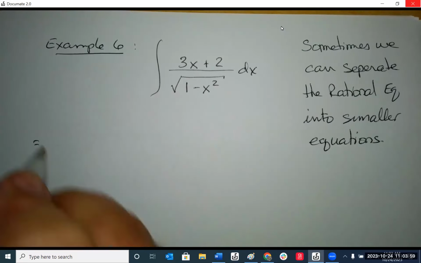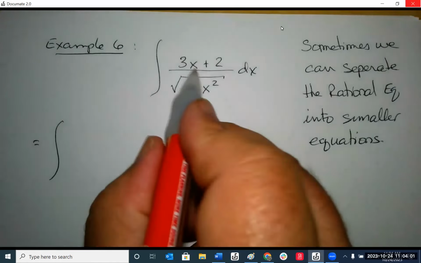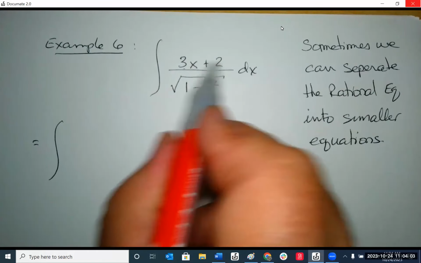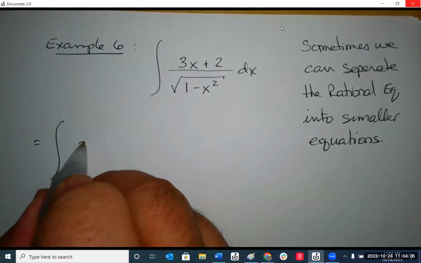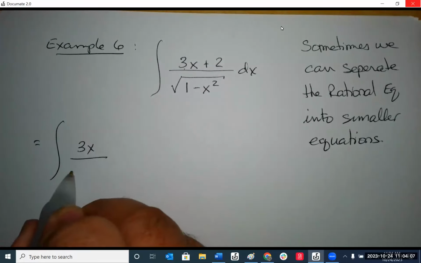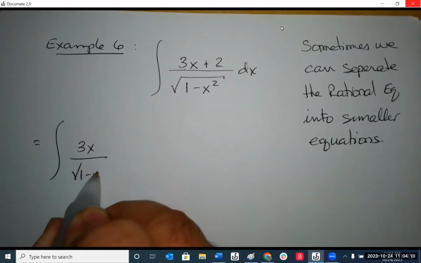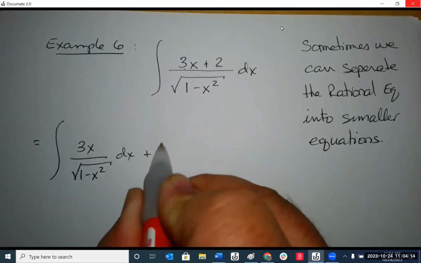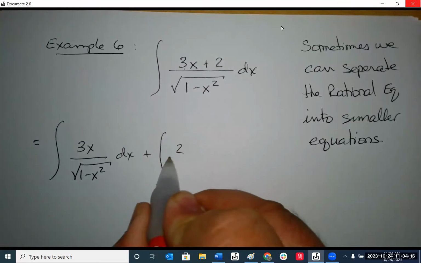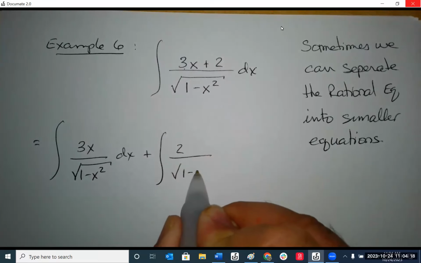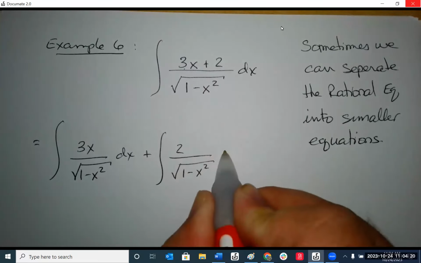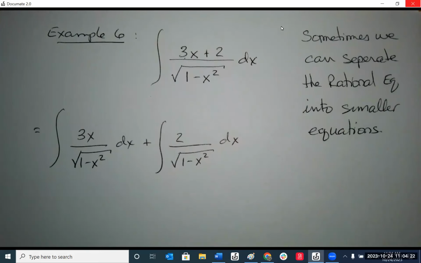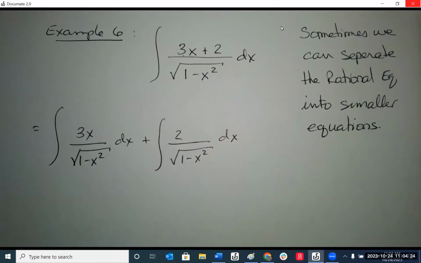What does that mean? Since we have a sum or difference on top, we can separate them into two separate ones.